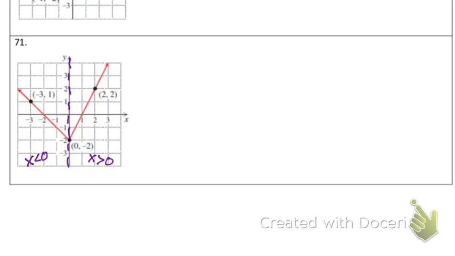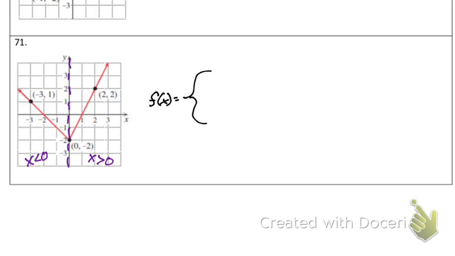Well, we have two different functions happening here. I have the function that will give me this line, and I have the function that will give me that line. So let's find the functions first. Since I'm dealing with two functions, that means it's a piecewise. And I'm going to say f of x equals, and I'm going to put my first function here and my second function there. Well, these are just lines.